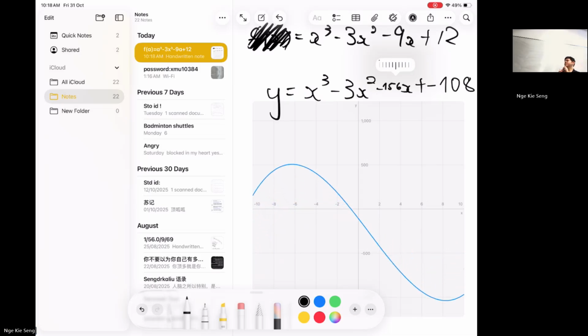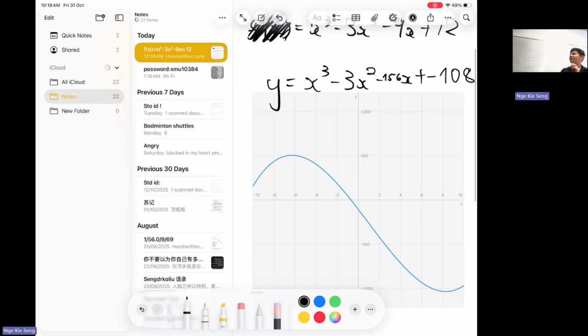The screen is not changing, but I'm changing here. How come? Maybe I'm a bit too fast. Okay, never mind.